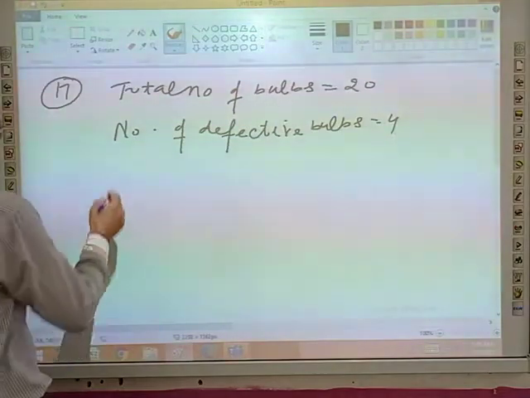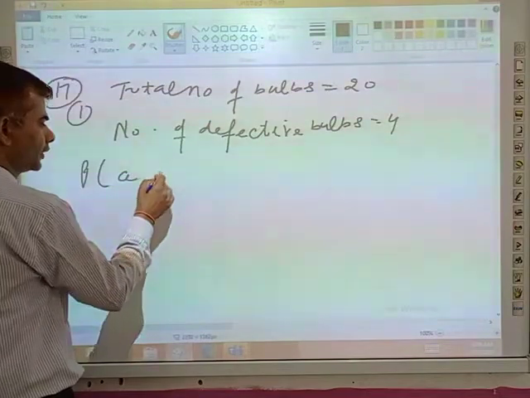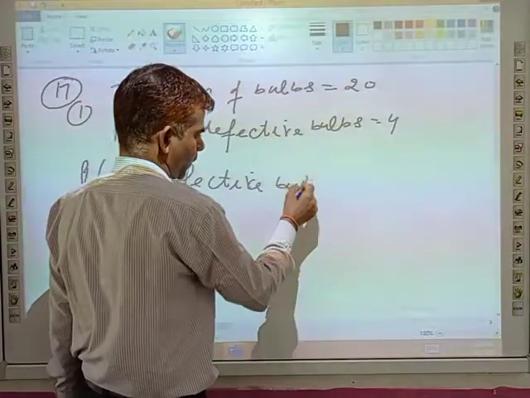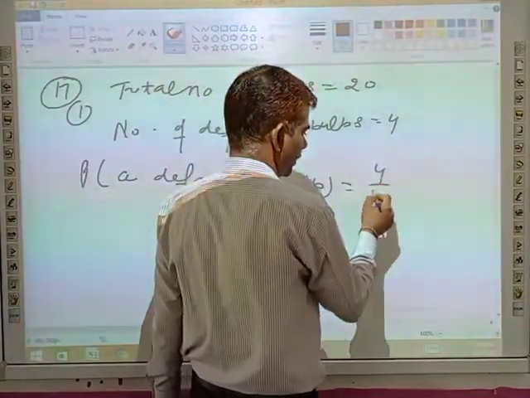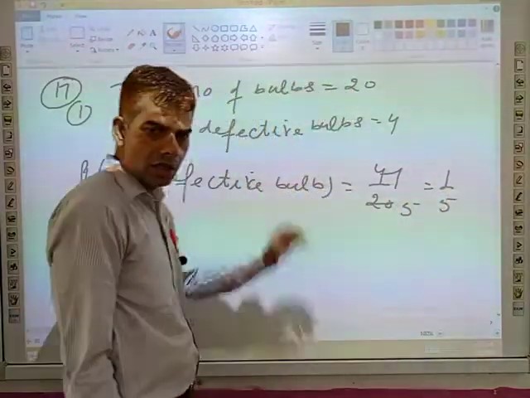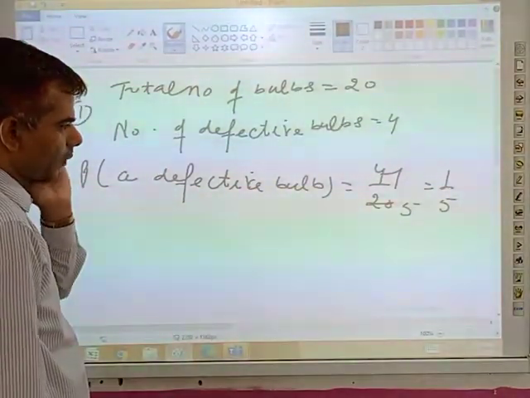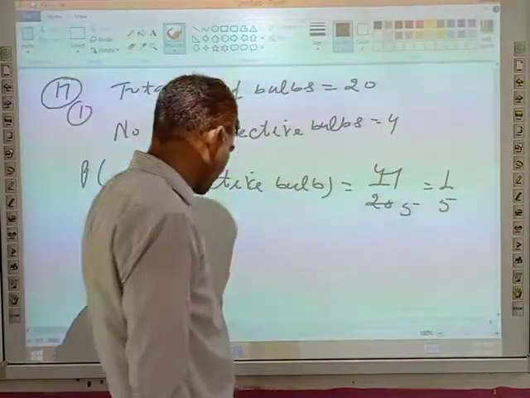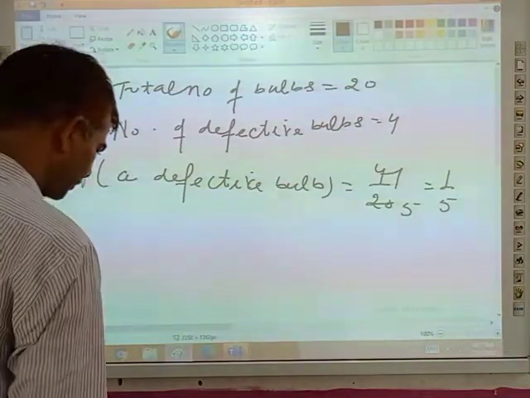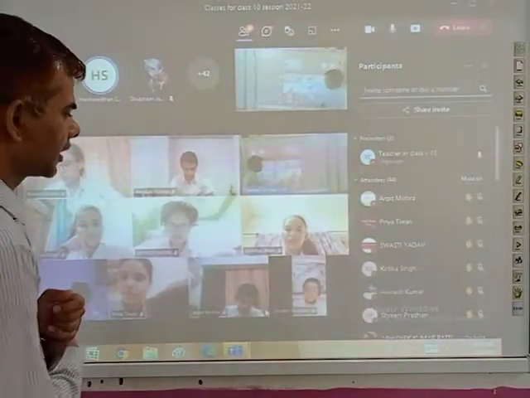Probability of a defective bulb is 4 by 20. That is 1 by 5. You can write it as 1 by 5 and you can also write it as 0.2. Both are correct. Concept is clear? Yes. 1 by 5 is the answer.